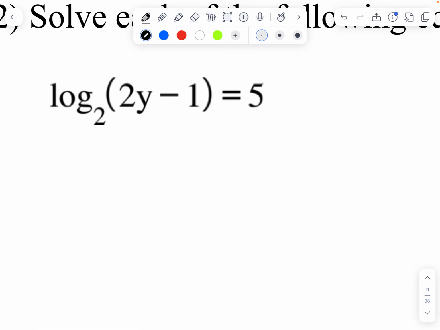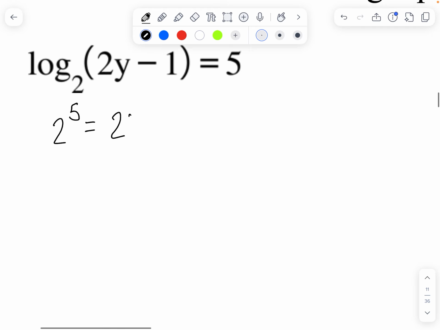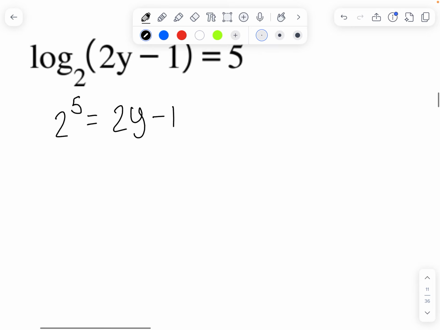Our first question is log base 2 of 2y minus 1 equals 5. So our first technique will be converting this to exponential form. If you're solving equations related to exponents, then you could also convert it to log form. But for this, we're going to be converting this to exponential form. So 2 to the power of 5 is 32.